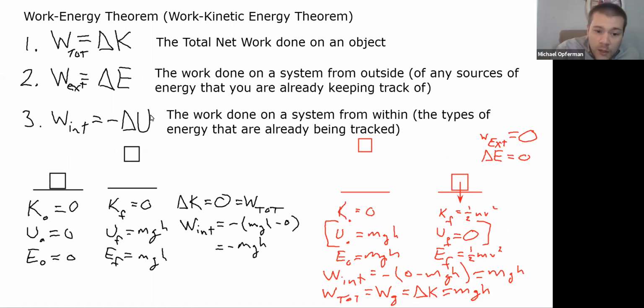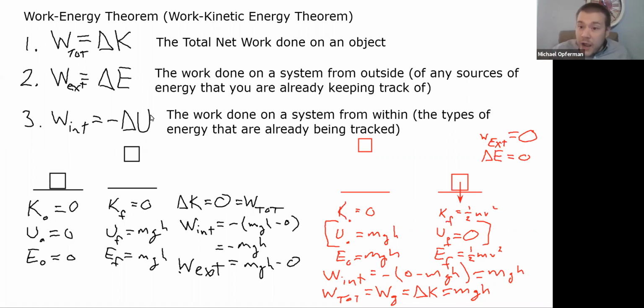Okay. Then the change in total energy of the system is external work. So the external work is going to be mgh minus 0. And where is this external work coming from? Well, that's coming from me. I am an agent external to the system.